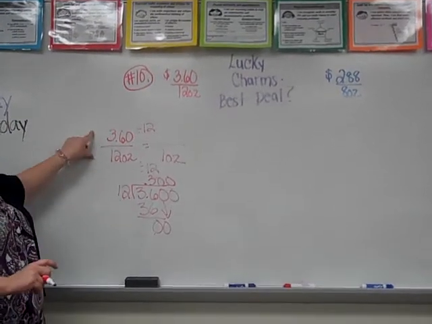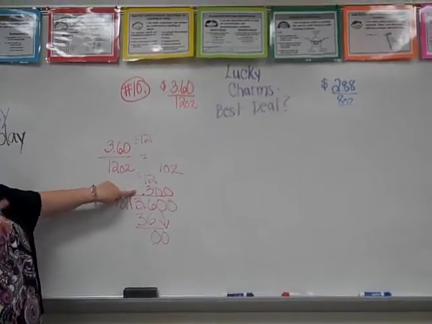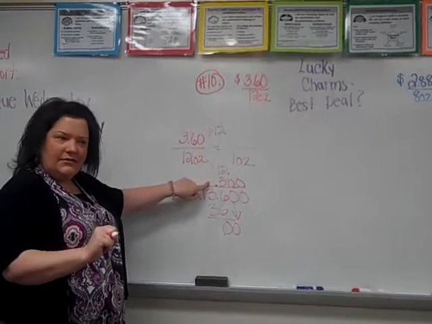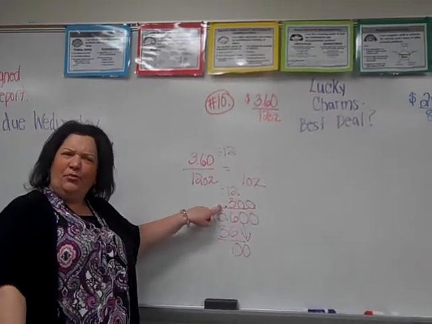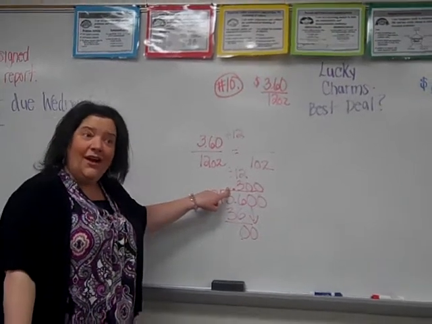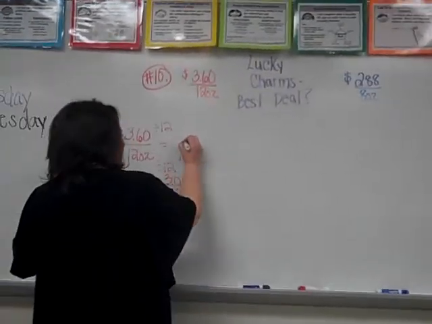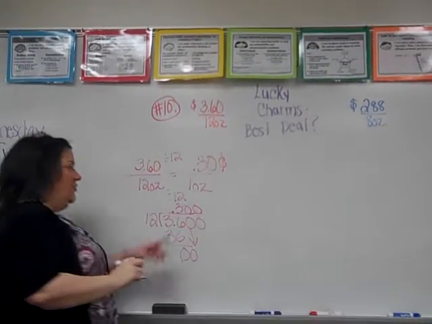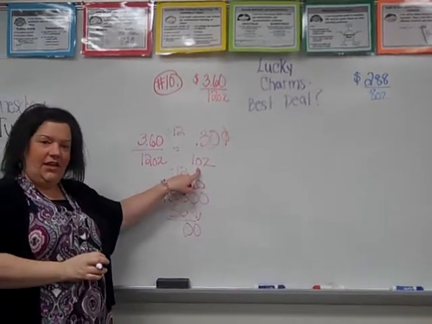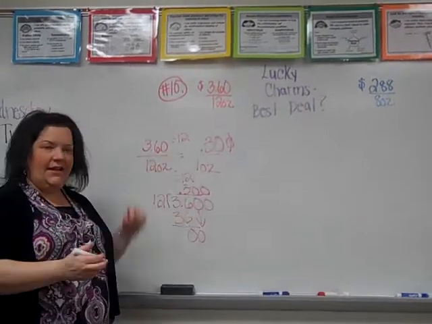So, based on this information, how much does 1 ounce cost? 0.3. But I've never heard 0.3. What? 30 cents. So we have 1 ounce costs 30 cents.